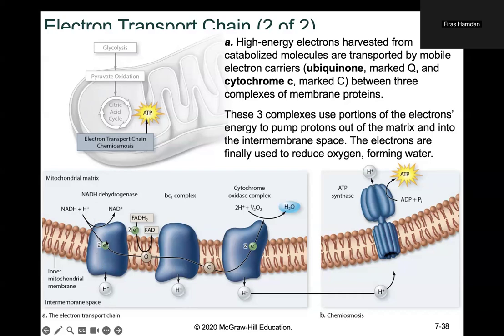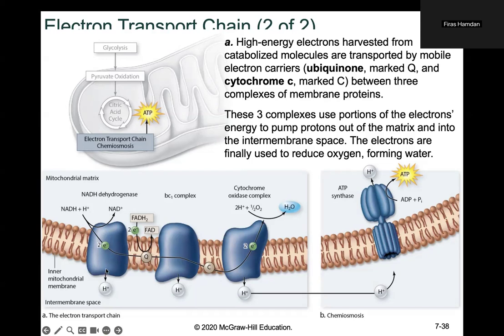It accepts these electrons and it will take this energy now, because this passing of this energy to here, we know that this electron is going from a higher energy level towards a lower energy level. That means that energy is lost. So this NADH dehydrogenase, this complex, is going to use that energy.